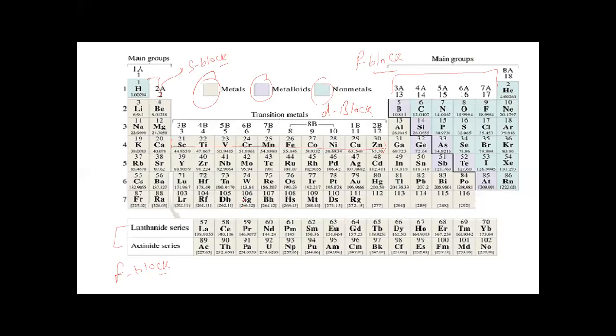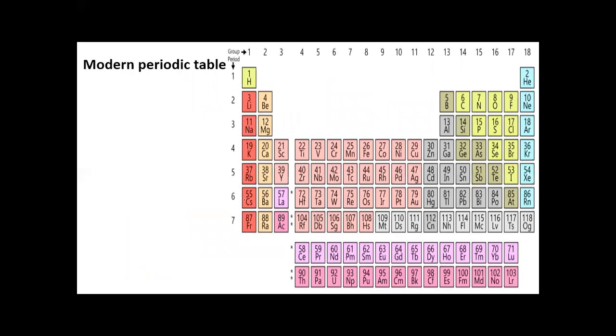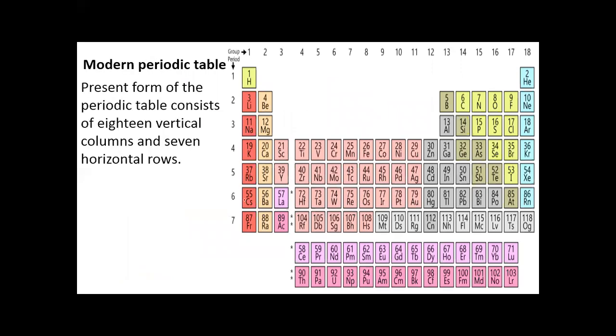Now we will discuss in detail. This is the modern periodic table. The present form of the periodic table consists of 18 vertical columns and 7 horizontal rows. So there are 1, 2, 3, up to 18.